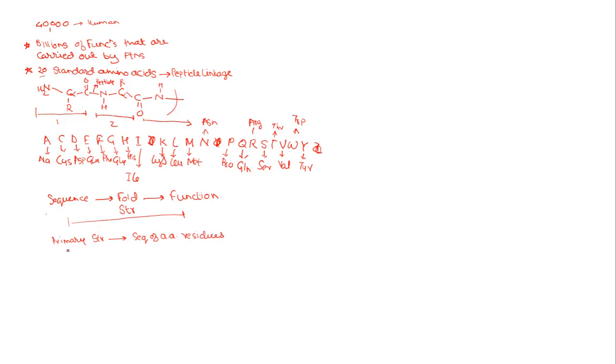Then the next structural level at which the protein folds is the secondary structural level, wherein the primary structure folds into small local regular structures.